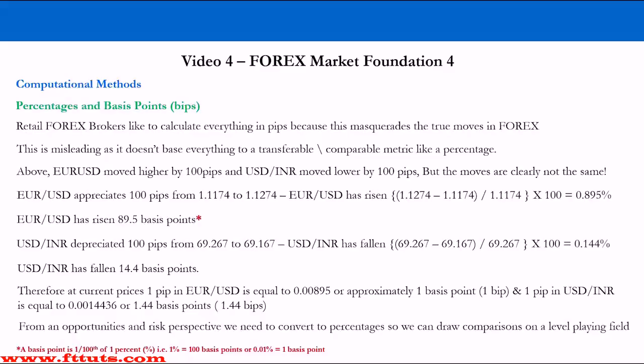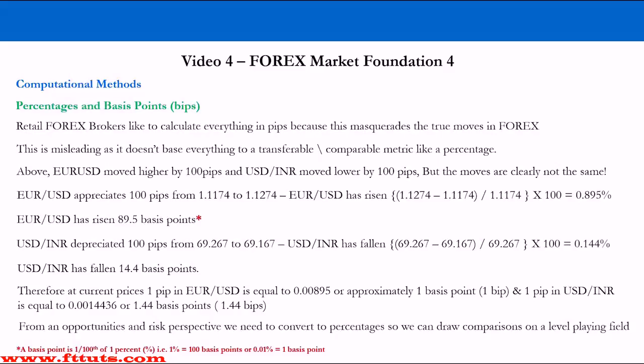So you can see that basically if you put the same amount of capital into both trades, so let's say you put $100,000 on euro dollar and $100,000 on dollar Indian rupee, if you got a 100 pip move in euro dollar relative to dollar Indian rupee, you're actually going to make a much higher basis point return, so percentage return.